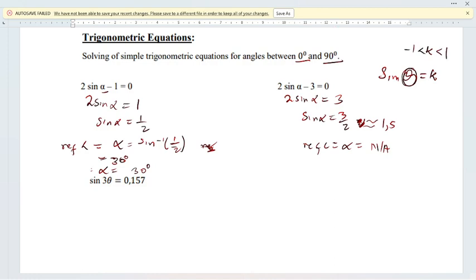Whatever represents a ratio, if it's bigger than 1, it's an error. If it's smaller than -1, it's an error. So what is this one? This is our minimum. And this one is our maximum.